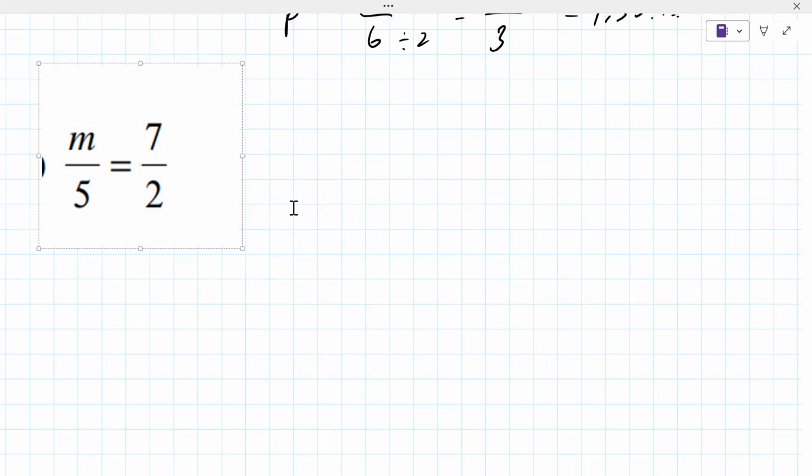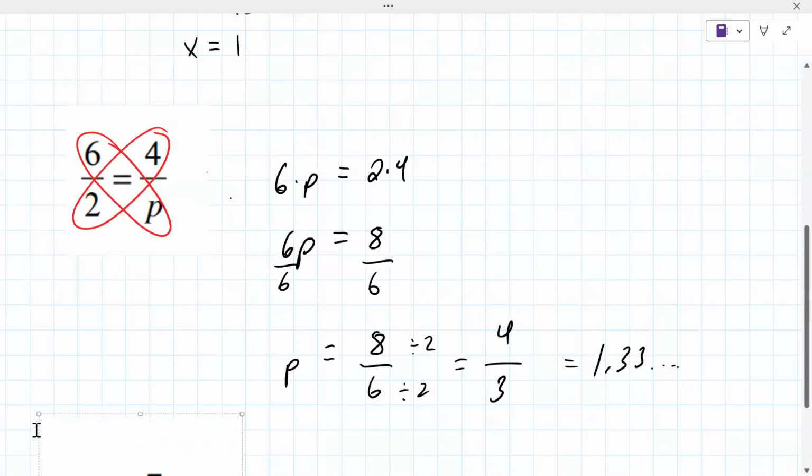Yeah, let me know if you need me to scroll up so you can see. Wait, can you scroll up a little bit? I'm going to write the problem above down just so I know. All right.